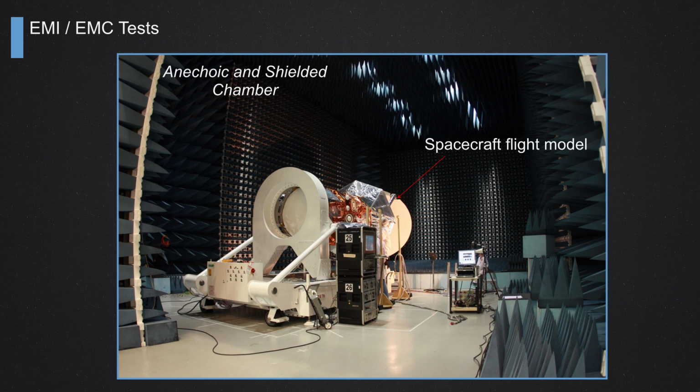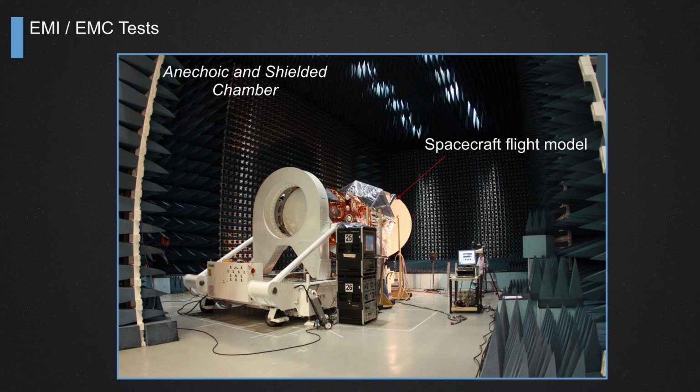This next slide shows an image of a spacecraft inside the anechoic chamber in Brazil. You can see the walls are filled with those blue wave absorbers. The floor at this moment is not covered; it's going to be covered during the tests.